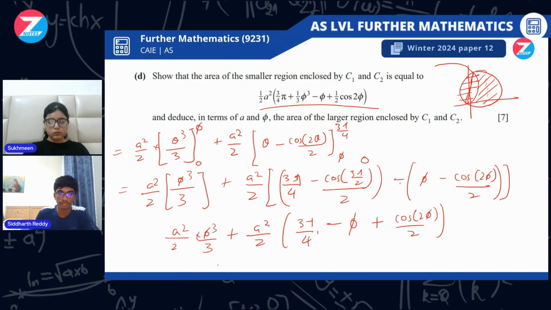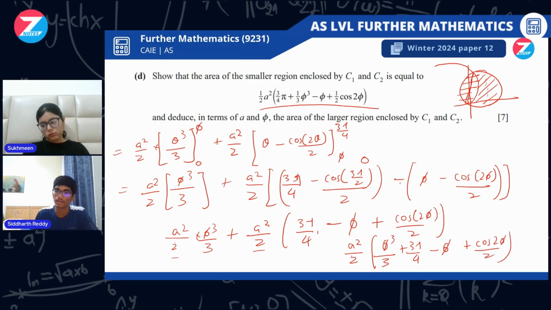And again, we can factor out a square by 2 over here and here. So this becomes a square by 2 into 5 cube by 3 plus 3 pi by 4 minus 5 plus cos 2 phi by 2, which is the same thing given in the question. So we got this part.